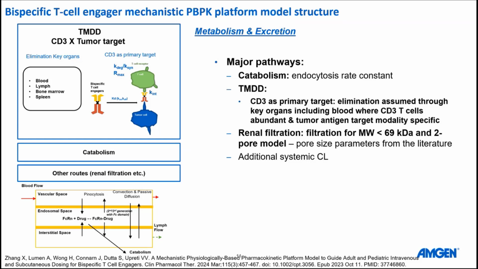Internalization of the CD3 receptor drug complex, those sets of parameters we collected from the literature, and we also have data from in-house. And for the tumor cell, it's assumed to be very similar to the CD3 binding internalization, because we don't have the parameters tested currently.